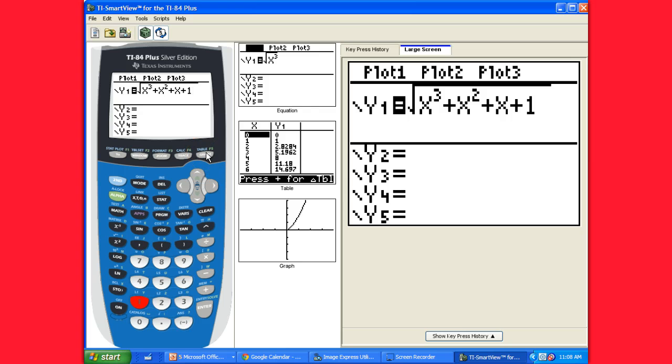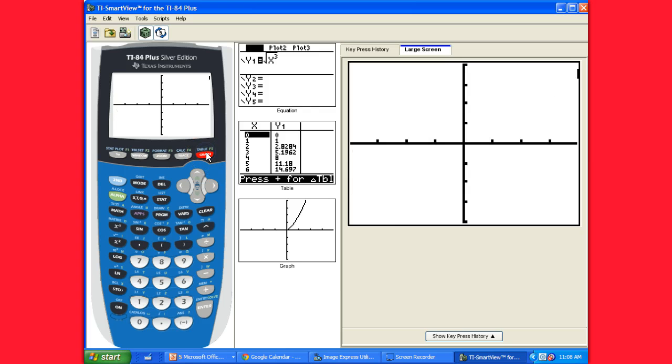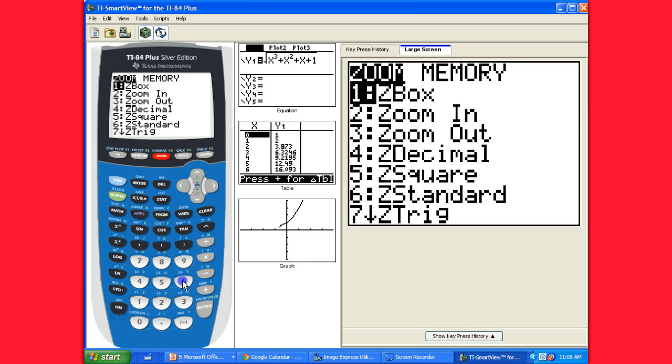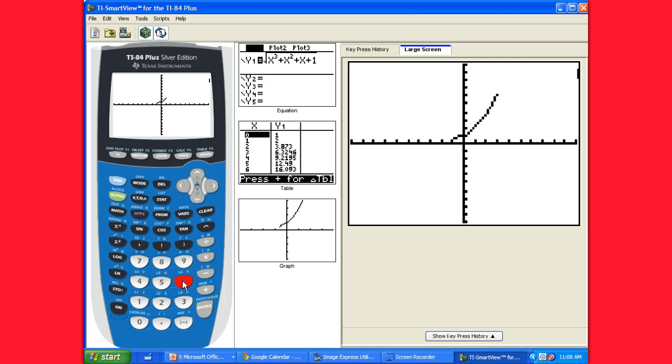And I'm going to graph. If you'd like a larger view of that, you could also go to a zoom 6, whatever you prefer. I typically start with a zoom 6, and then if I want a closer view, I go to a zoom 4. So whatever window you're comfortable with, we'll go with this one so we can see it a little bit better. All right, so I've got the equation in y1.